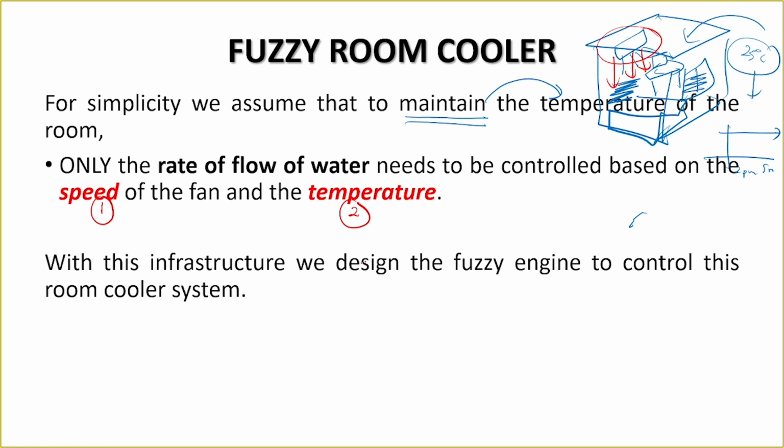With this infrastructure, we design the fuzzy engine to control this motor. Now is the time that we need to design the fuzzy system based on the water, speed, and temperature. So, three things.